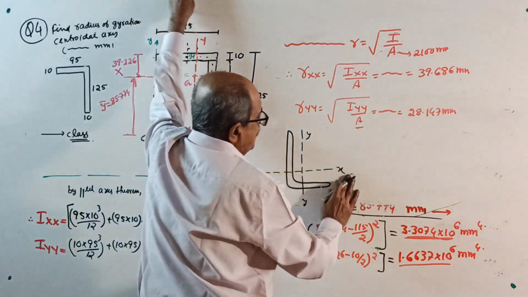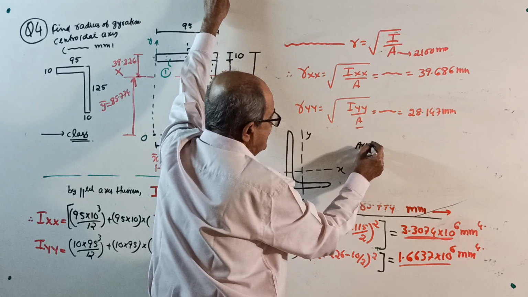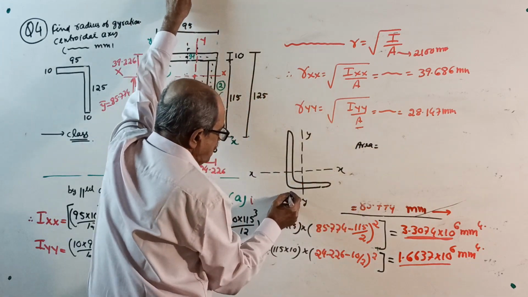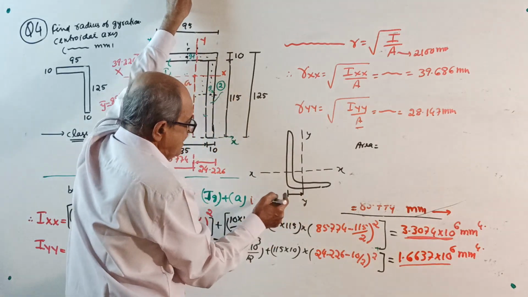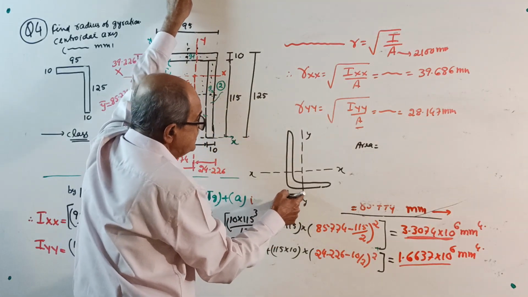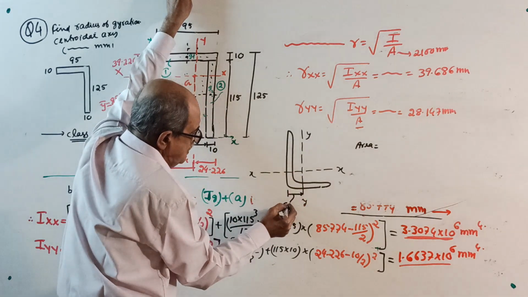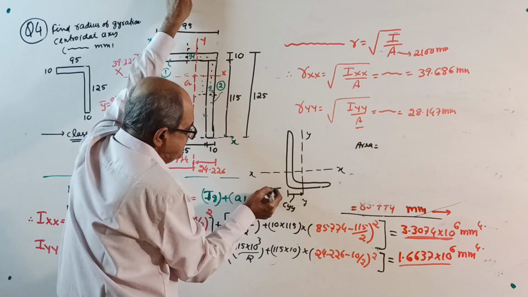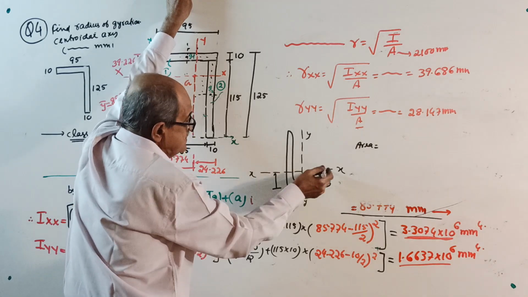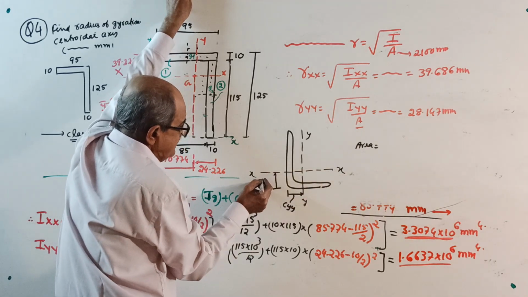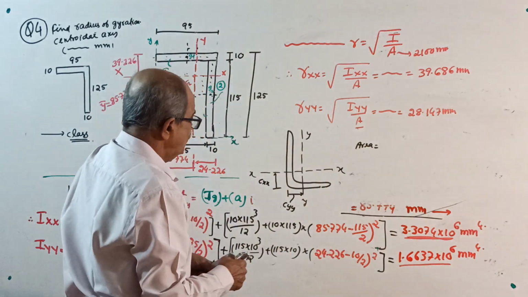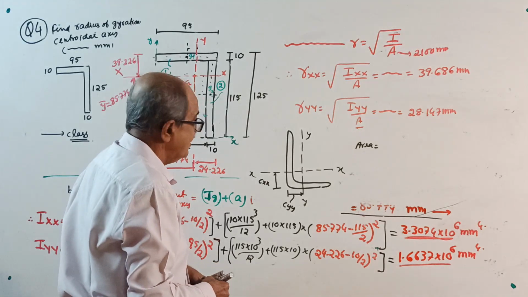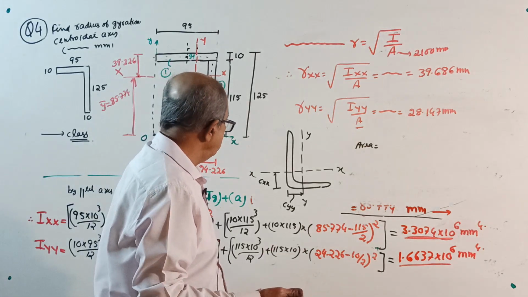Then they have given the area. Then they told this distance as, not x bar, centroidal distance of y-y axis, CYY. And this distance they told here, centroidal distance of x-x, CXX. Okay, I forgot to bring the book here. That steel table book I have not brought.